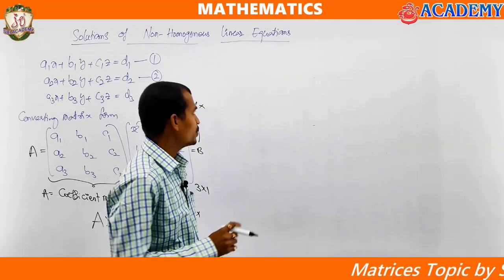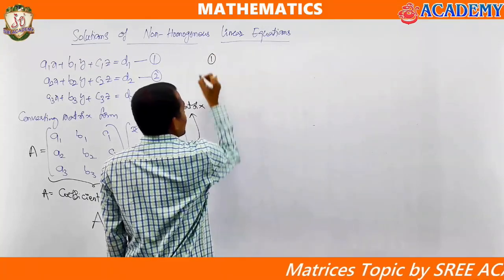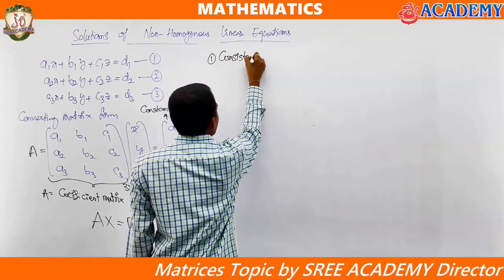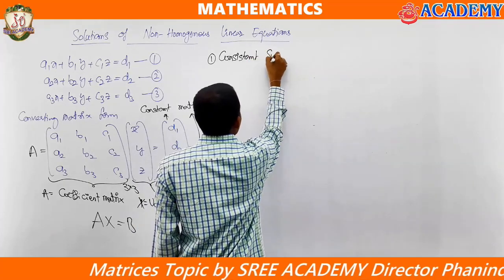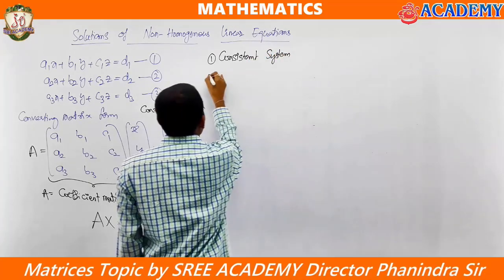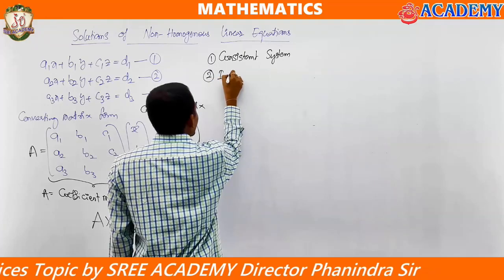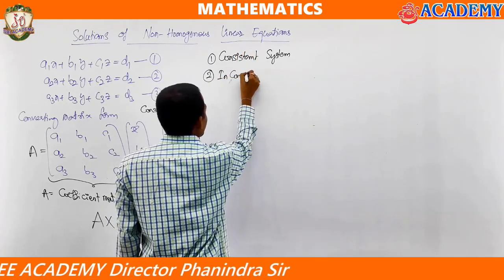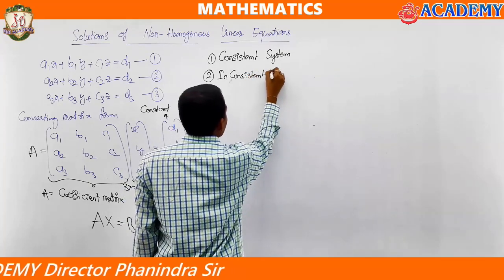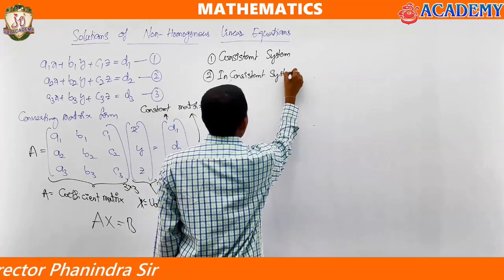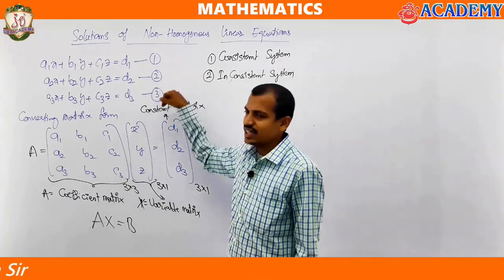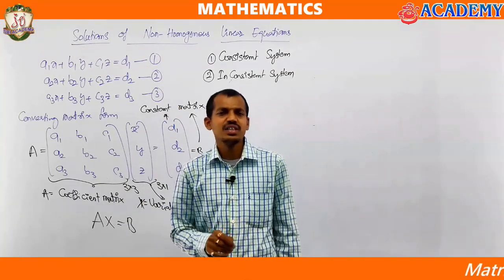Before that we have to know two terms: a consistent system and an inconsistent system. Three equations are there, and these three equations have a solution.